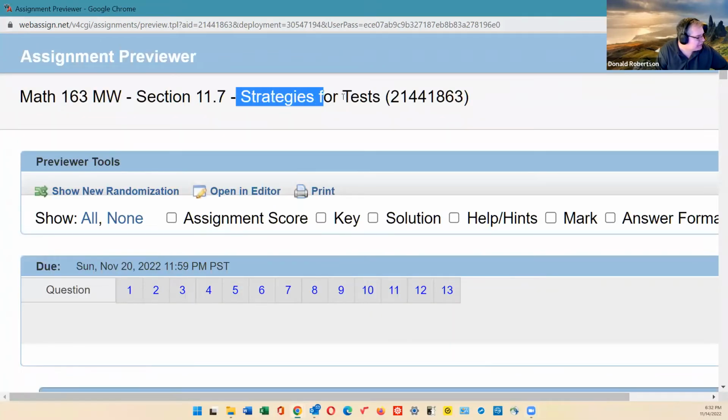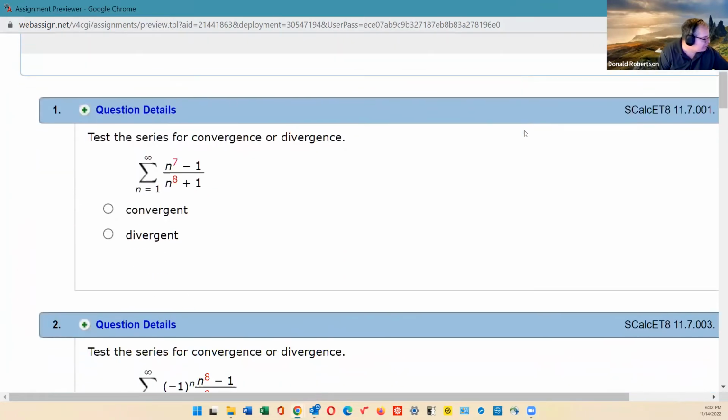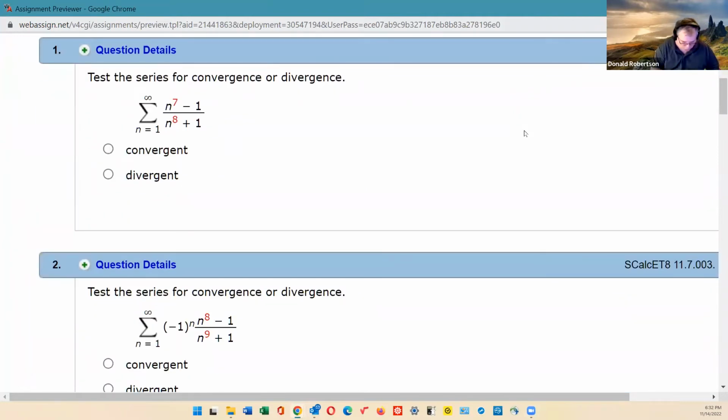This section 11.7 is called strategies for tests. I'm going to go through these questions, and you might want to take a note of which test I suggest you should use on each situation. For a couple of them, we'll actually do the question from start to finish.